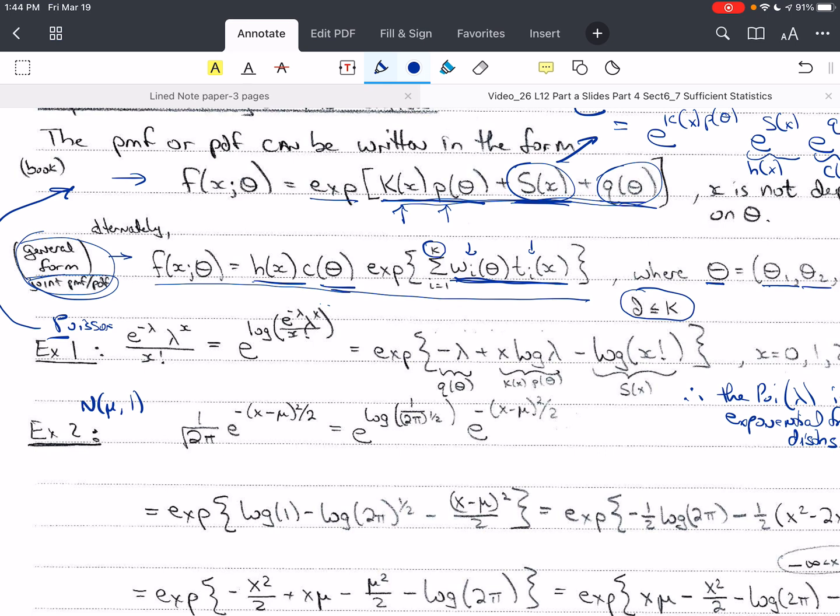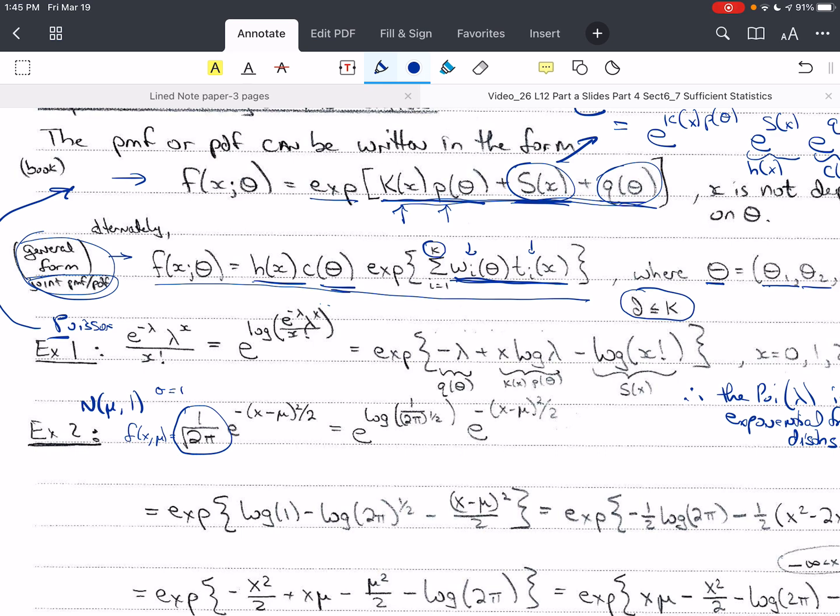So we have sigma is equal to 1, so our f of x, mu, no sigma because sigma's 1, is equal to 1 over the square root of 2 pi e to the negative x minus mu squared over 2 times 1, which is 1. And then again, we do the same thing with this constant out here. We take e to the log of it, okay?